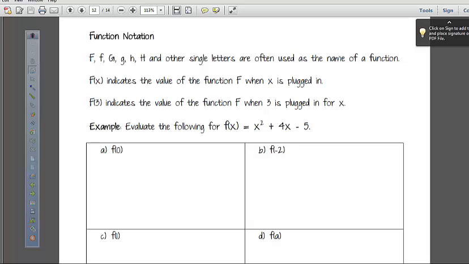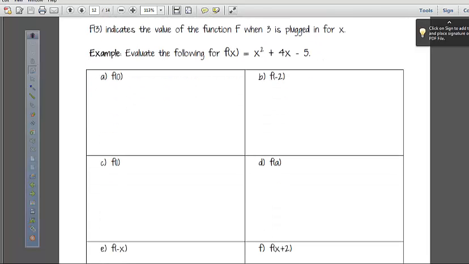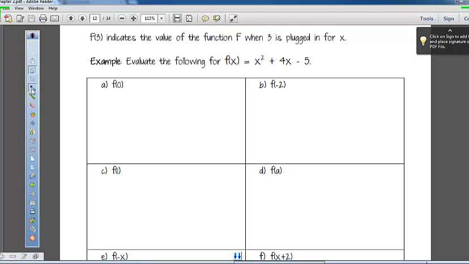Now we can very quickly evaluate a single function at several different values. We're looking at f of 0. That's going to equal what? Negative 5. Very good. And f of negative 2, we plug in negative 2 for x.